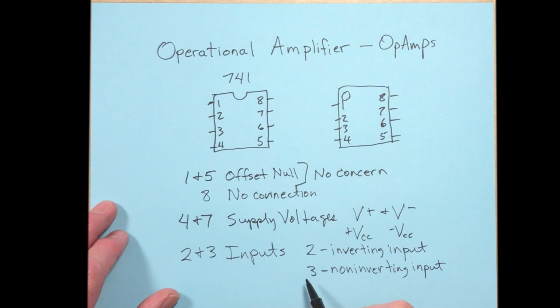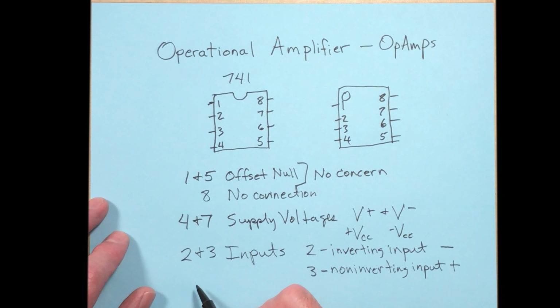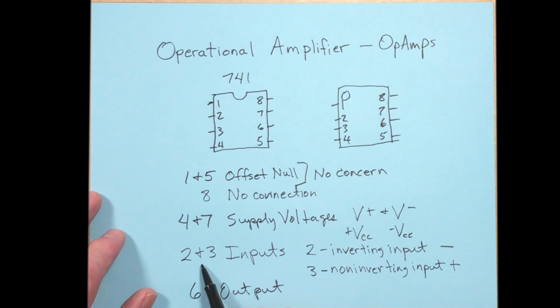Sometimes if you're drawing a schematic, which we haven't done yet, by the way, of a 741 or an operational amplifier, pin number 2, the inverting input, is shown as a negative sign, and the non-inverting input is shown as a positive sign. Okay, that just leaves pin number 6, and pin number 6 is the output. So we've got 2 inputs and 1 output. That's the pinout for an operational amplifier. If we draw an operational amplifier schematically, symbolically, it looks like this.